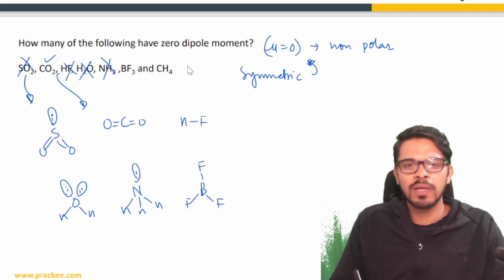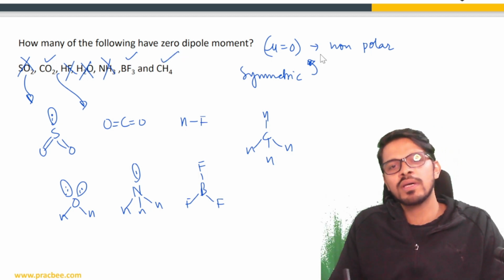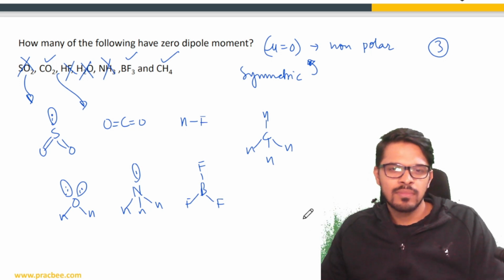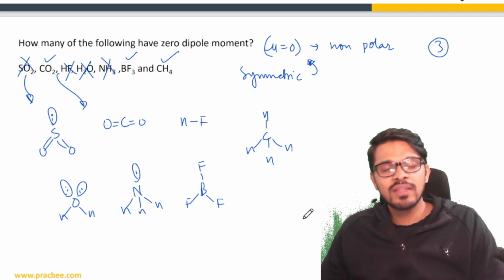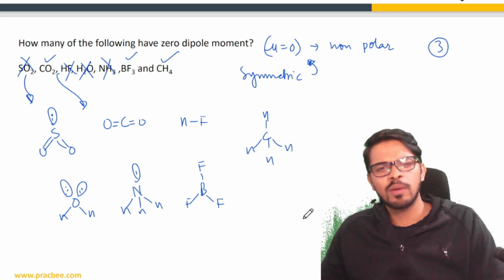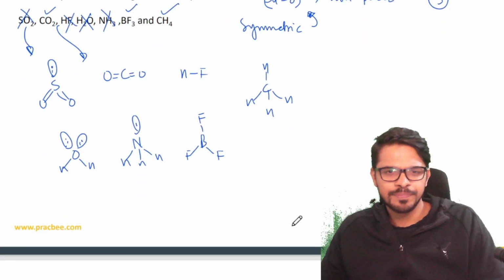It is trigonal planar. If we talk about CH4, it is also perfectly symmetric, right? So it also has dipole moment 0. The correct answer would be 3. So in every shift we are seeing that there is a question of chemical bonding either from hybridization or from dipole moment. Very simple question.